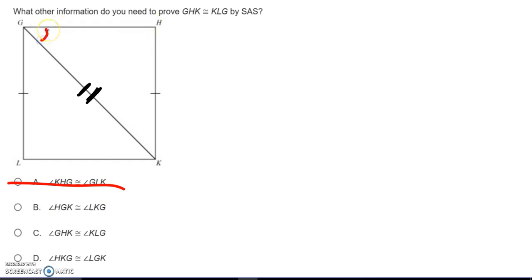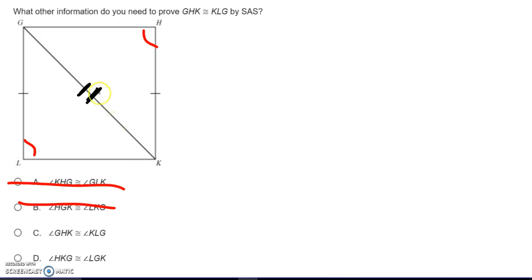HGK and LKG, would that help? Again, not the included angle, so that one doesn't help. Let me get rid of those. GHK, which is this one, and KLG, which is this one.